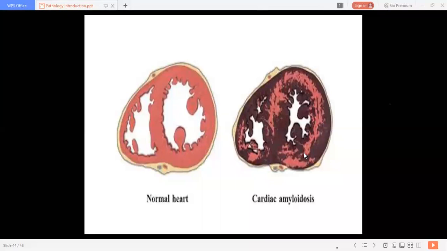In that case the conduction system gets damaged, and arrhythmias may start with these amyloid deposits. You can see here the normal heart and the cardiac amyloidosis.